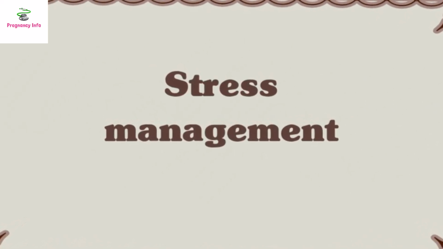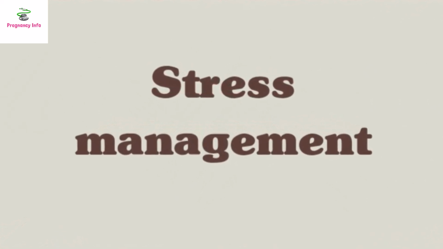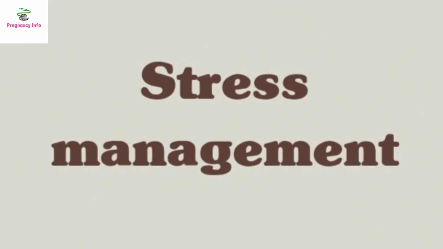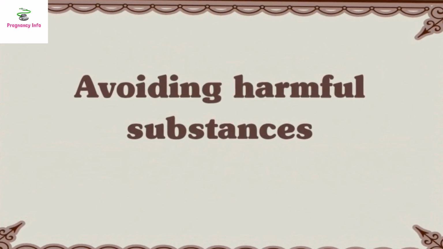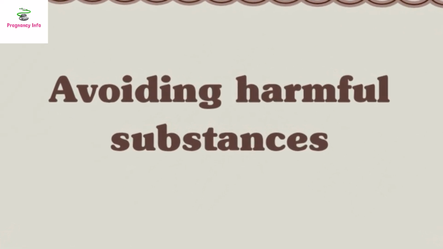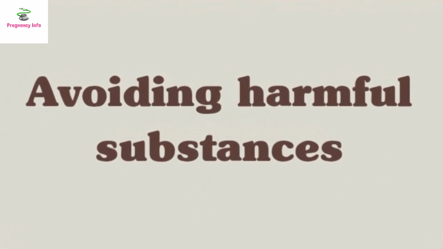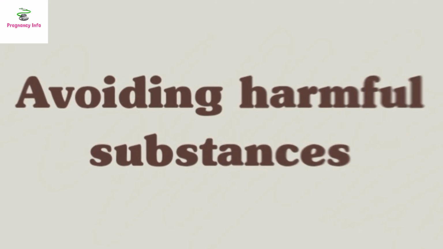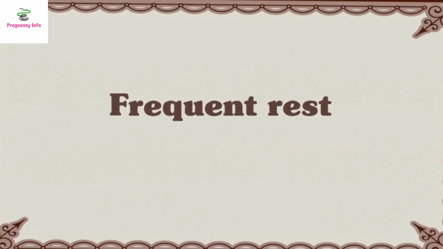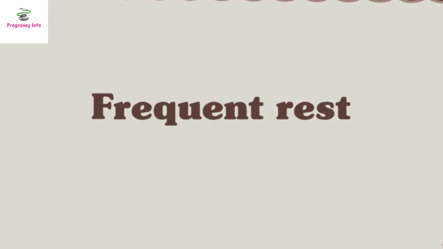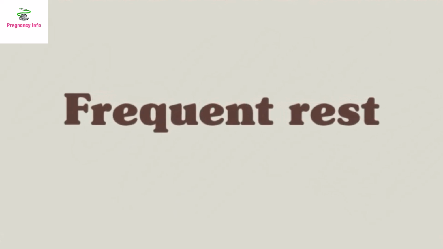Reducing stress through relaxation techniques or light activities like yoga or meditation can benefit both mother and baby. Avoiding harmful substances. Stopping smoking, alcohol, and drug use is crucial in preventing further growth restrictions. Frequent rest. Adequate rest and lying on the left side can improve blood flow to the placenta, helping the baby grow.